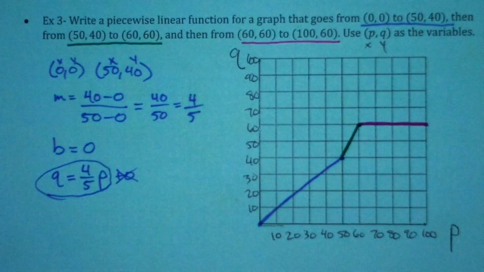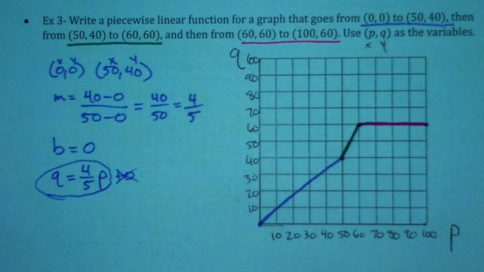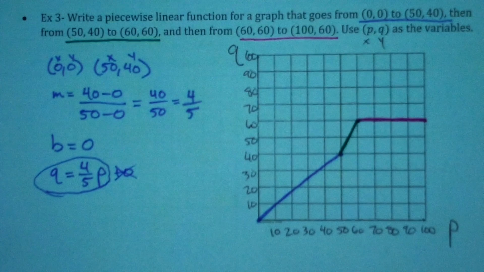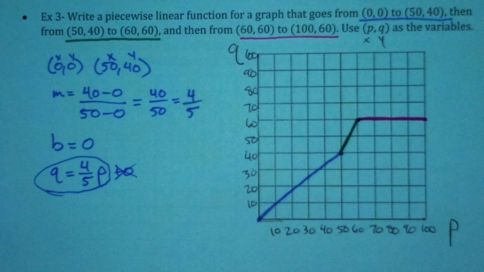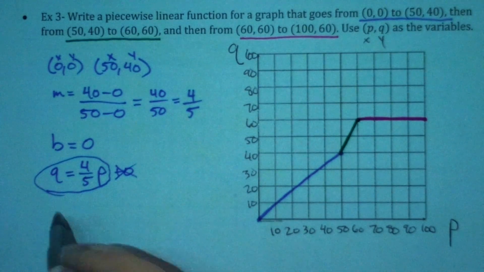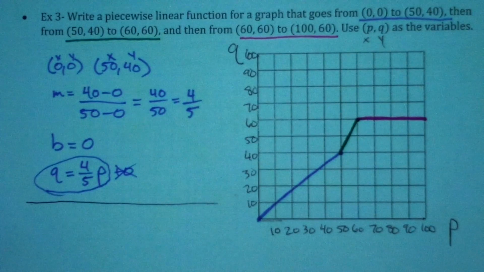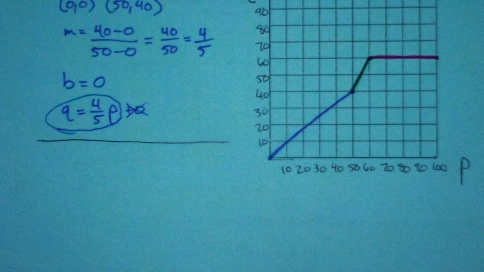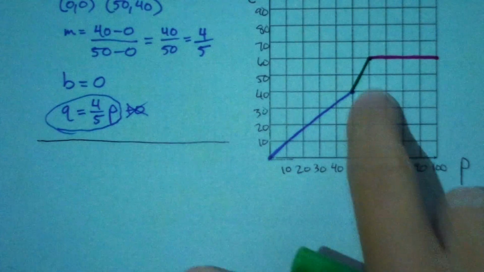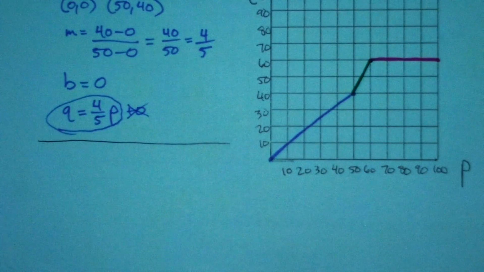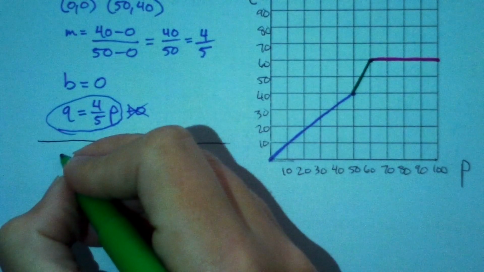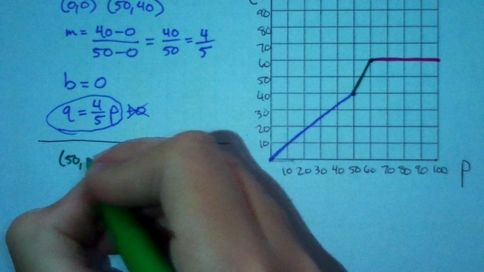So now I have my slope is 2, and my y-intercept is negative 60. Is that enough to give me my equation then? Yep, so then I would go, again, we're using the q and the p, so q is equal to, what was my slope? 2. And then my x is p, and then my y-intercept was the negative 60, so minus 60. Okay.